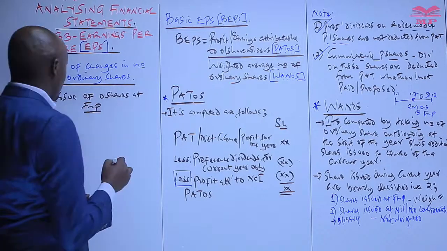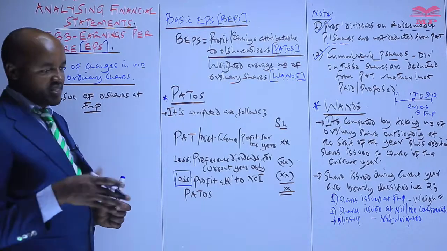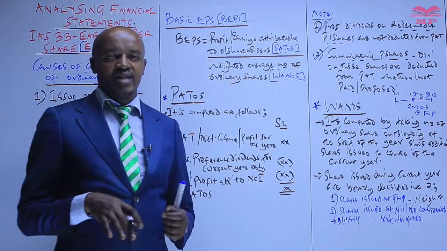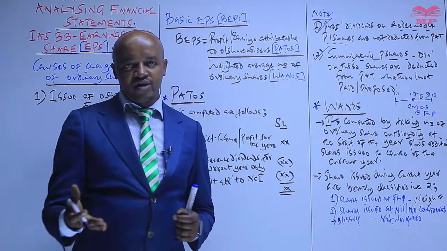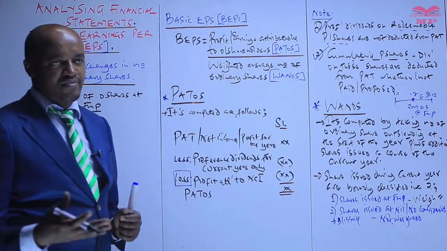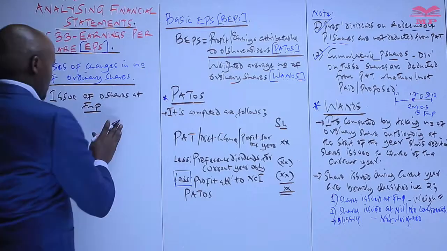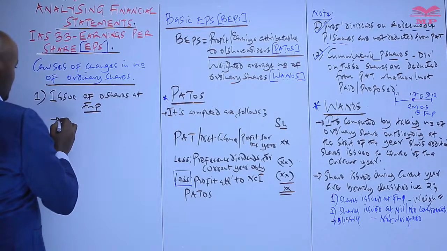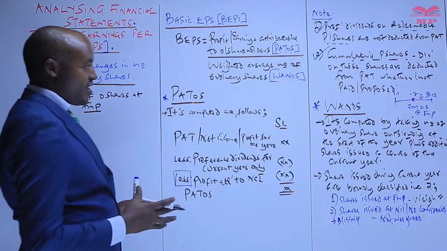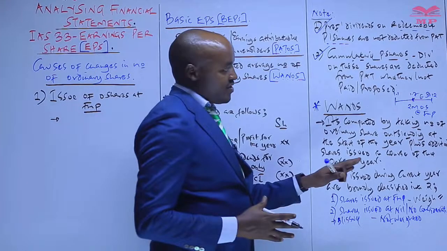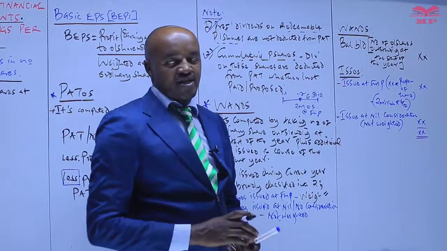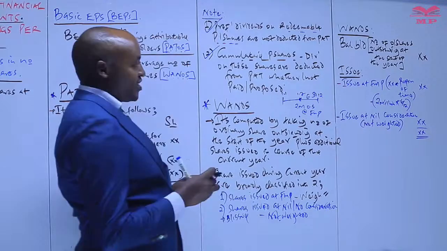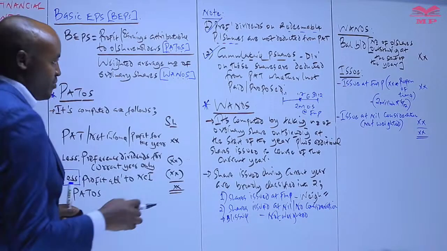So when we talk about shares issued at full market price, these are the shares the company issued during the current year at a price equivalent to the market price. Market price is the price at which the shares of the company are trading at the securities exchange market. Those particular shares are always supposed to be weighted, or multiplied with the proportion of time they were held.